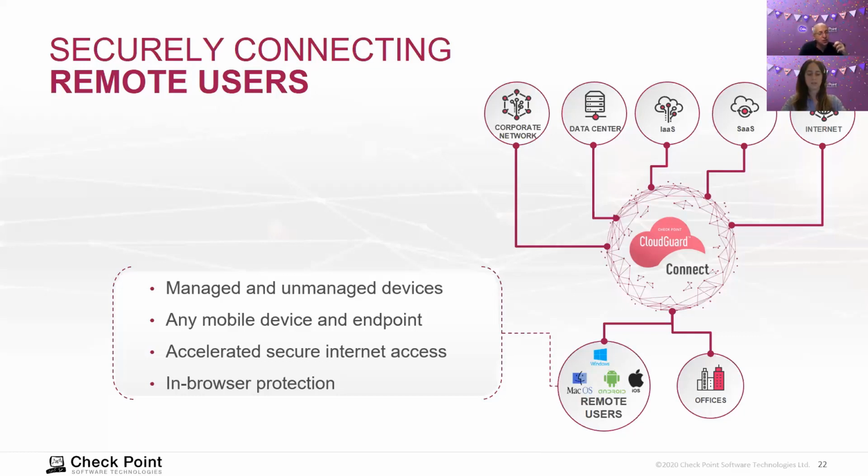And we actually do this by the fourth element over here, which is our browser protection. This is a browser extension. Some of you may have seen it. It's actually a capability we've had for a while as part of our endpoint suite, but here we're attaching it to our cloud network security and looking at our ability to embed security in the browser as an extension to our network security that can be enforced directly in the browser.